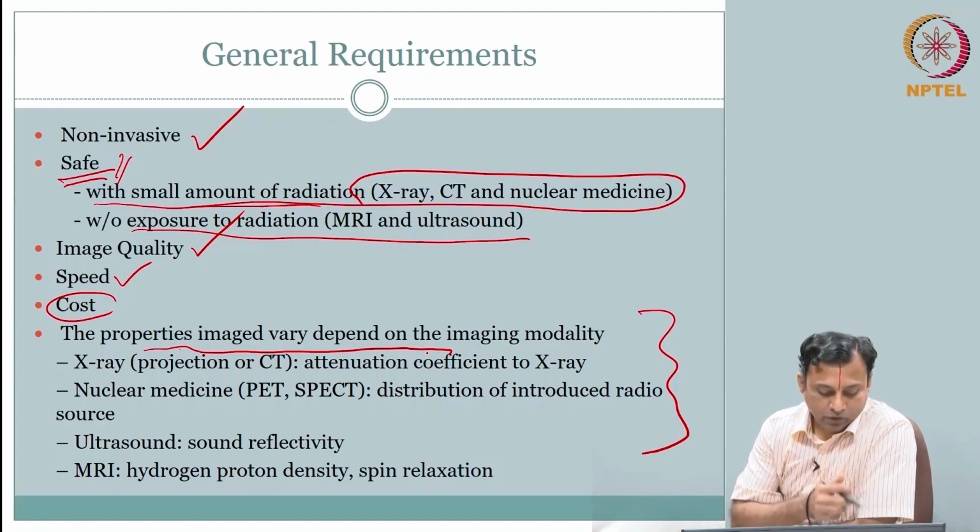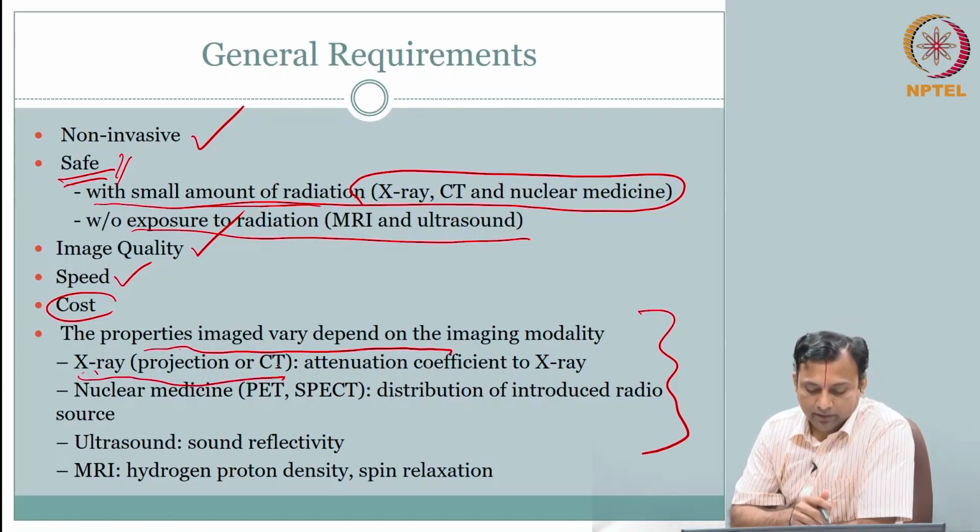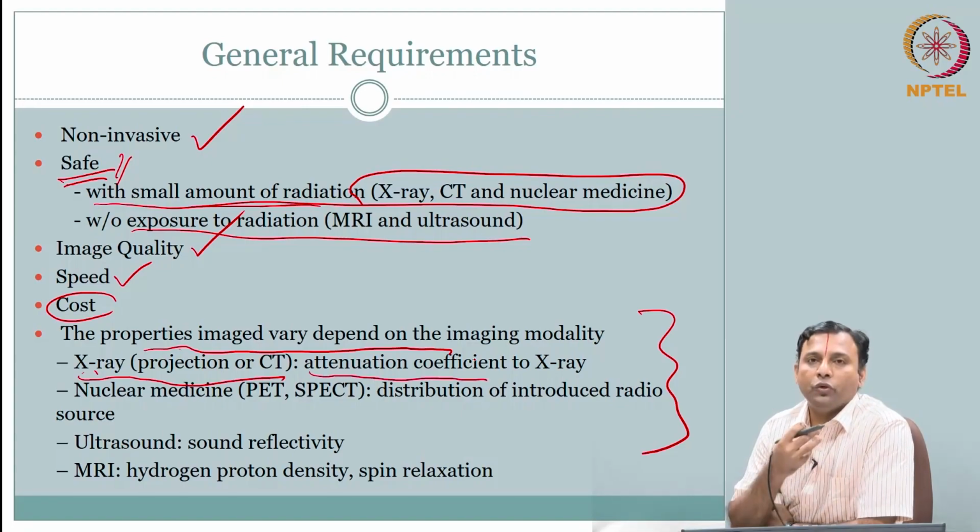In the case of X-ray, essentially it is the attenuation coefficient to X-ray. So you have your tissue. How does the tissue attenuate? How much does it attenuate the X-rays when they pass through? That is the parameter that you are going to look at.